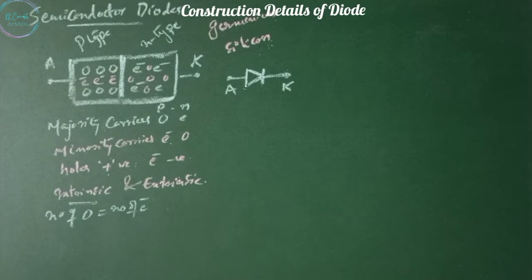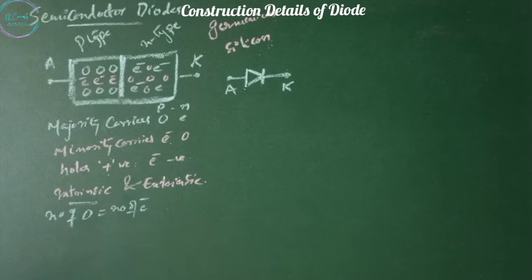Due to that, they are poor in conduction at room temperature. Intrinsic conductivity of germanium increases by 5% per 1 degree centigrade rise of the junction temperature. The intrinsic conductivity of silicon increases by 7% per 1 degree centigrade rise in temperature.